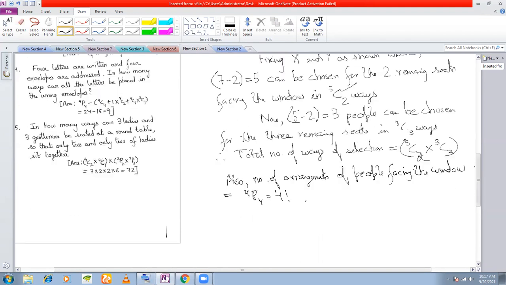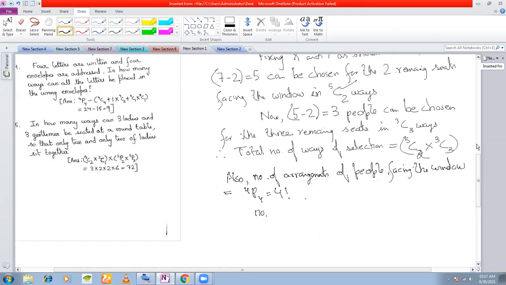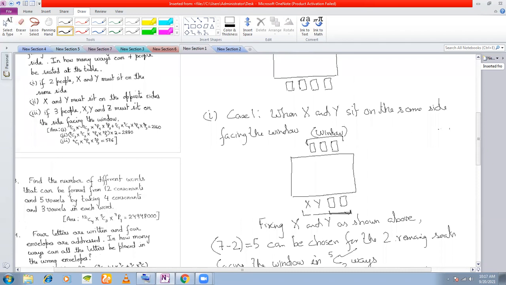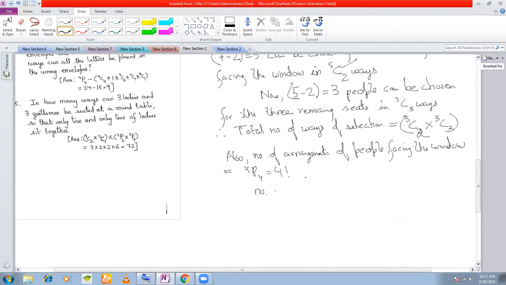And the other 3 are left, right? These 3 are left. So arrange them also. Number of arrangements of people not facing the window is equal to 3P3, which is factorial 3, right?